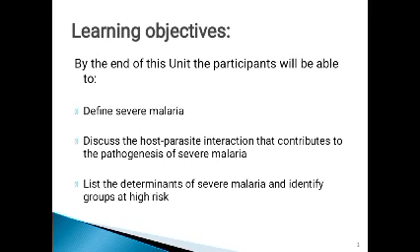Learning objectives. By the end of this unit, the participants will be able to define severe malaria, discuss the host-parasite interaction that contributes to the pathogenesis of severe malaria, list the determinants of severe malaria, and identify groups at high risk.